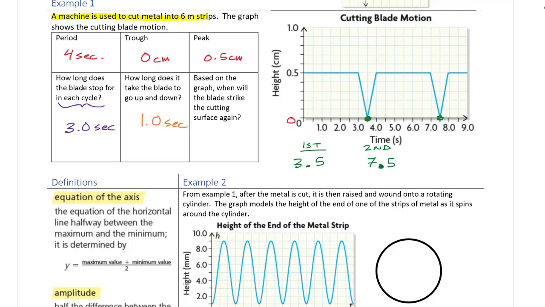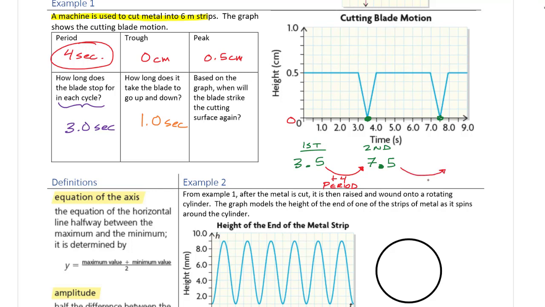Anything in a periodic function will occur again. It repeats. So the distance between any occurrence of something in a periodic function and its next occurrence will always be the period, because the period is how long it takes for one cycle. Our period is 4 seconds, so you're adding 4 seconds to go from there to there.